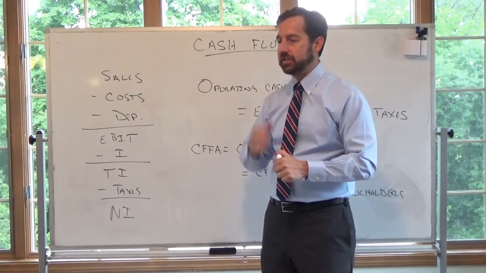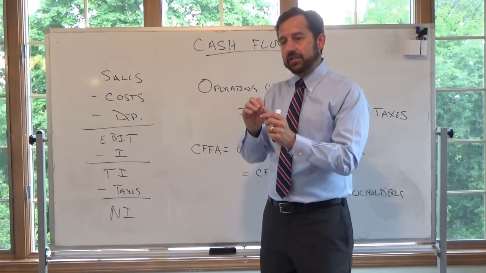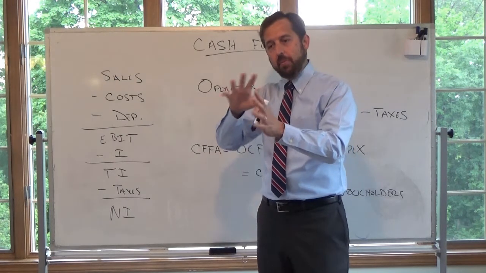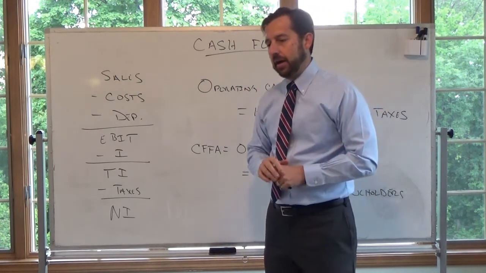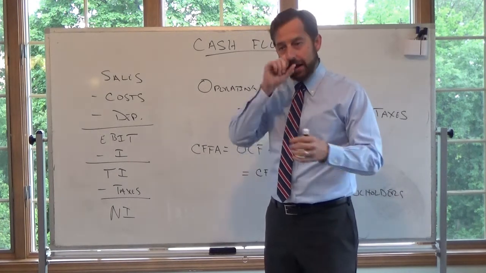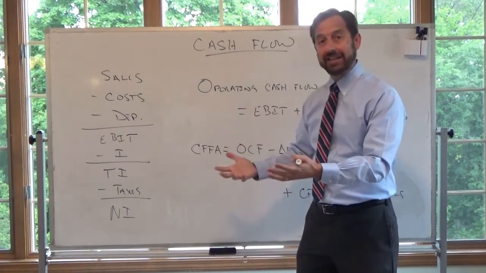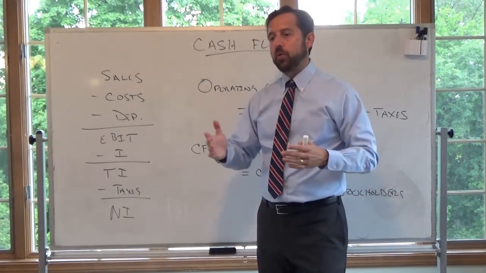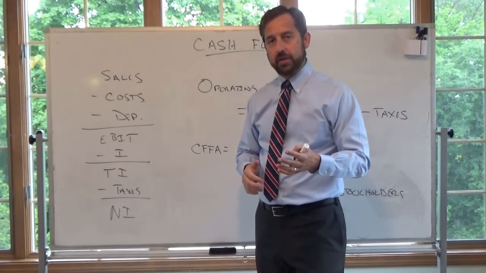If we were to deduct interest, that would allow my particular choice in financing to affect the cash flow, which again wouldn't be operating. This is just cash flow from operating the assets. This will show up throughout the course, but the idea is the financing and the operating decisions are independent, right?